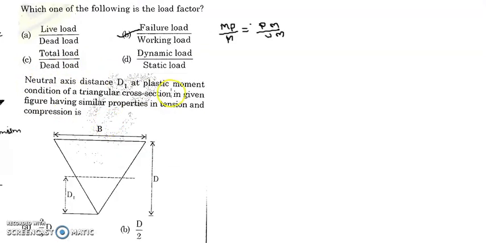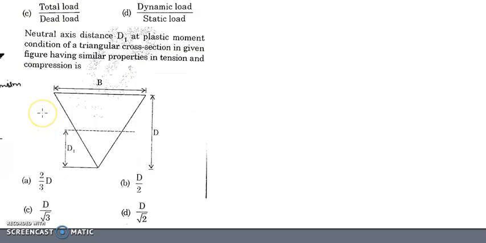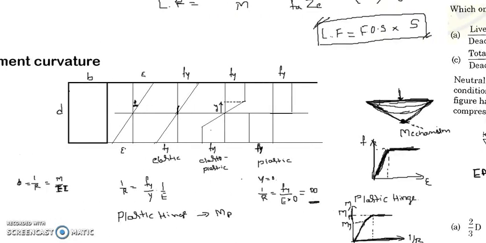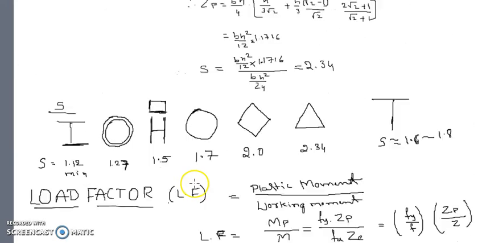Neutral axis distance d1 at plastic moment condition for a triangular cross section, having similar properties in tension and compression, is given by. What they are asking is the neutral axis at the plastic moment. What they are meaning is the equal area axis. So where does the equal area axis go? We already did this one in lecture number 2.